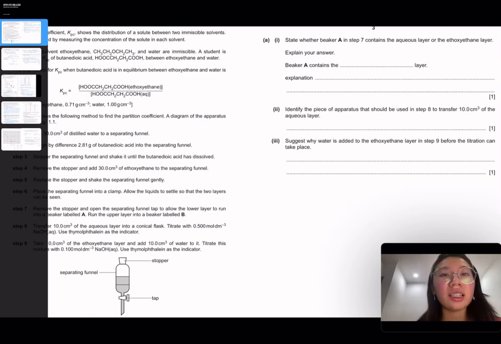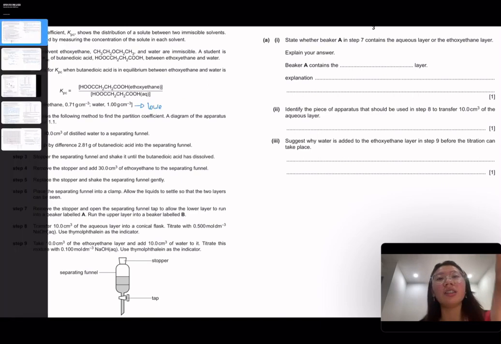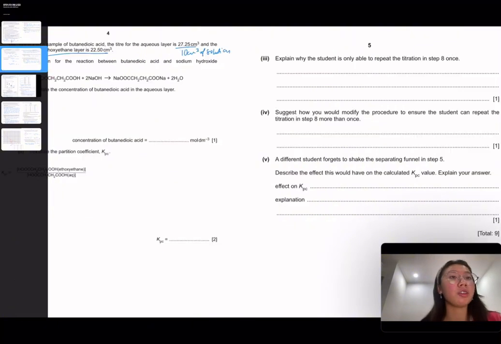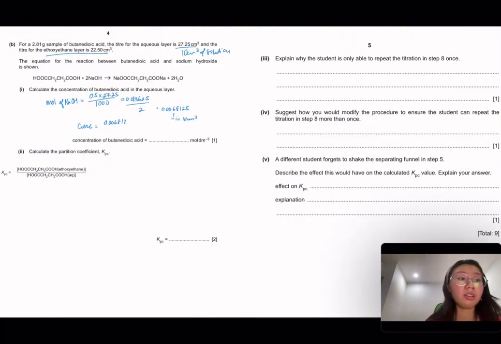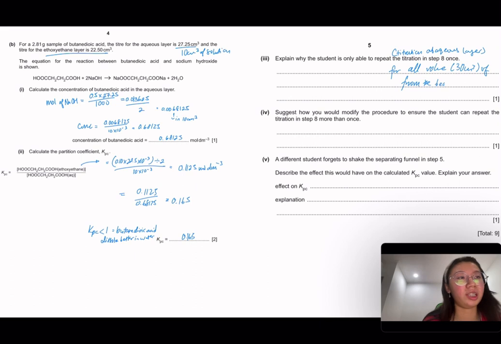Well, as said in the earlier part, in step 1 you only have 30 centimeter cube of distilled water in total using 10, and usually when you transfer something, you're not transferring the whole thing entirely, because some liquid might get stuck, some molecules might not be transferred, and it's just not possible for the transfer rate to be 100%.